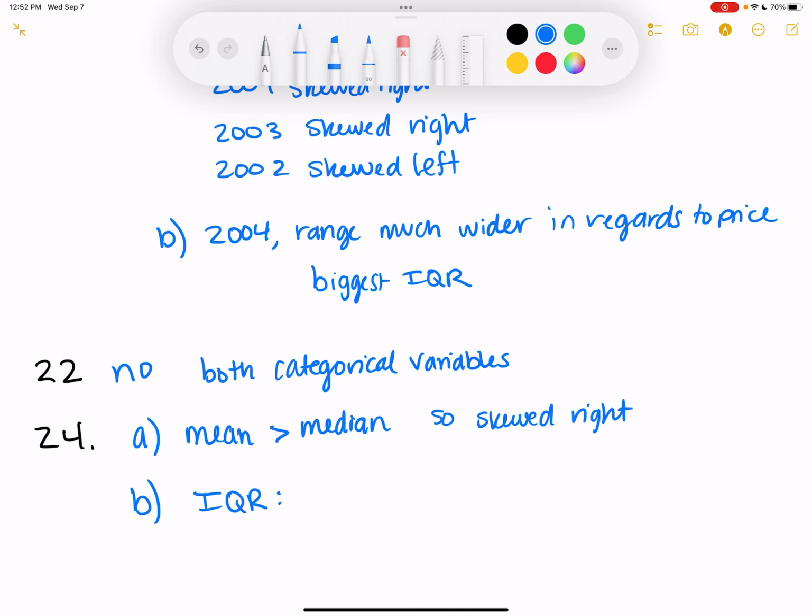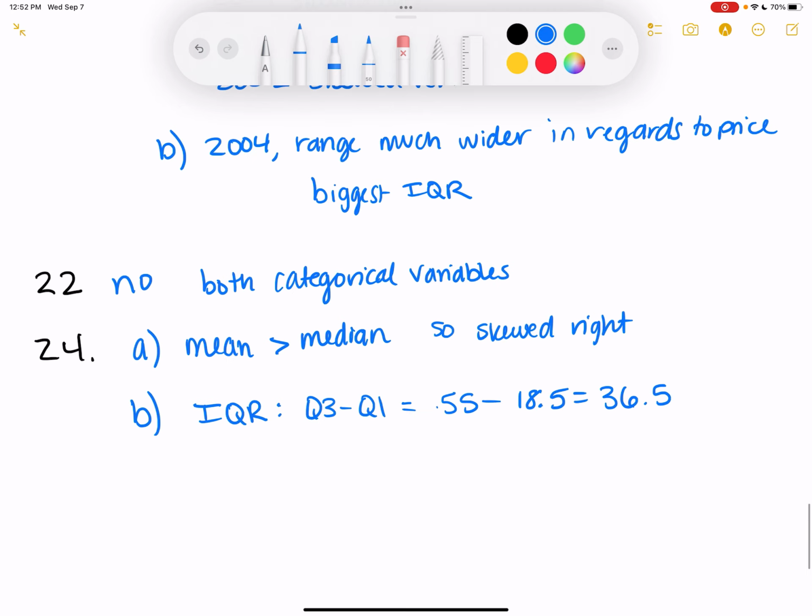Q3 minus Q1, so 55 minus 18.5. So 36.5, and then we're going to plug it into that equation. So Q1, 18.5, minus 1.5 times 36.5. And then the other one, I'll just set it up, is 55 plus 1.5 times 36.5.